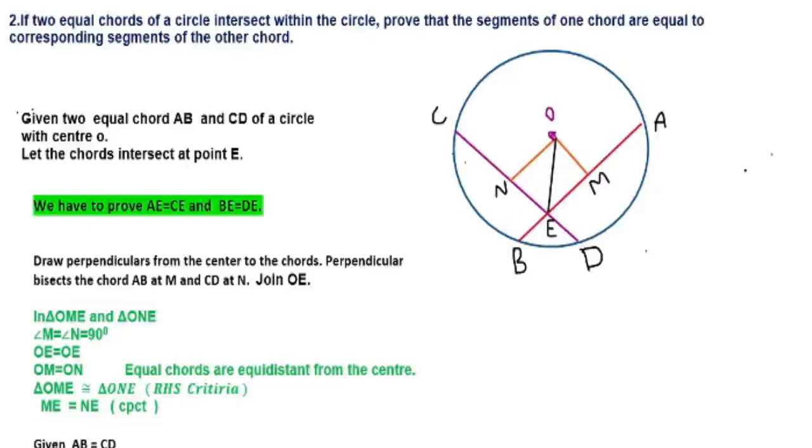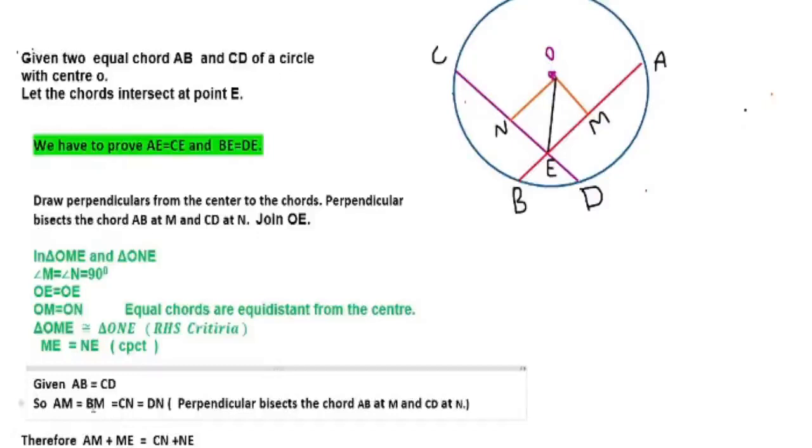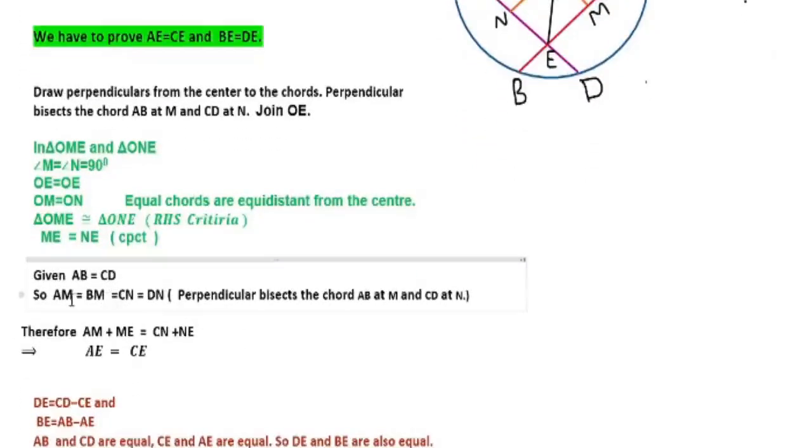Now we have to prove AE equal to CE. Here we are given AB equal to CD, two equal chords. So we can write AM equal to BM equal to CN equal to DN, because the perpendiculars bisect the chord AB at M and CD at N, and these two chords are equal.